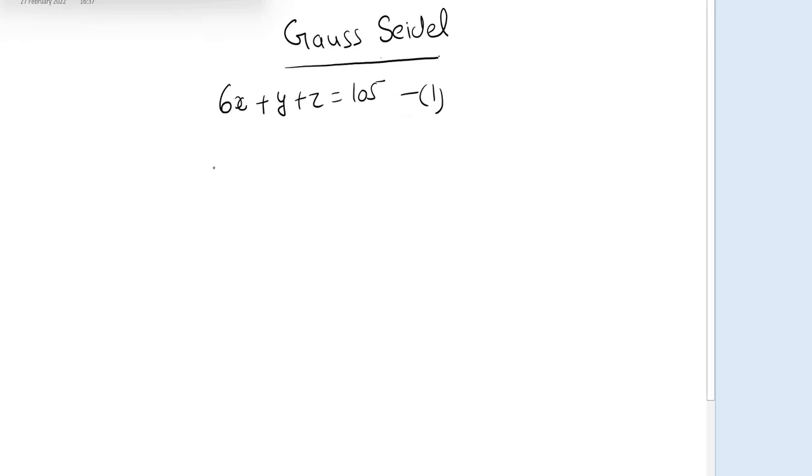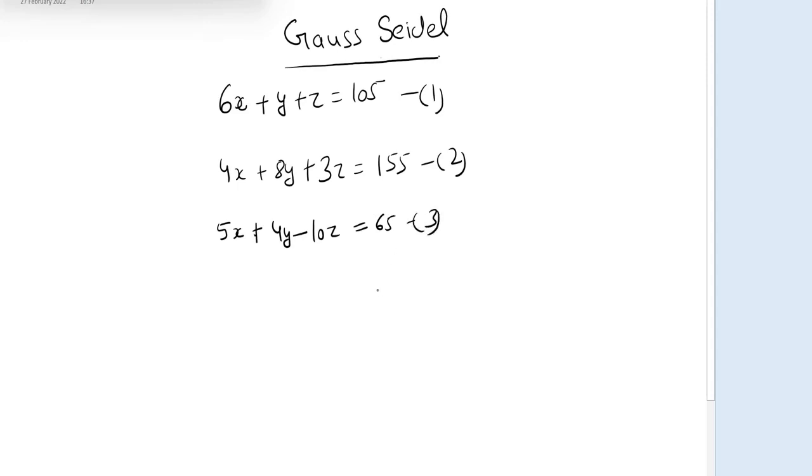The second equation is 4x plus 8y plus 3z is equal to 155, equation number 2. And the third is 5x plus 4y minus 10z is equal to 65, which is equation number 3.